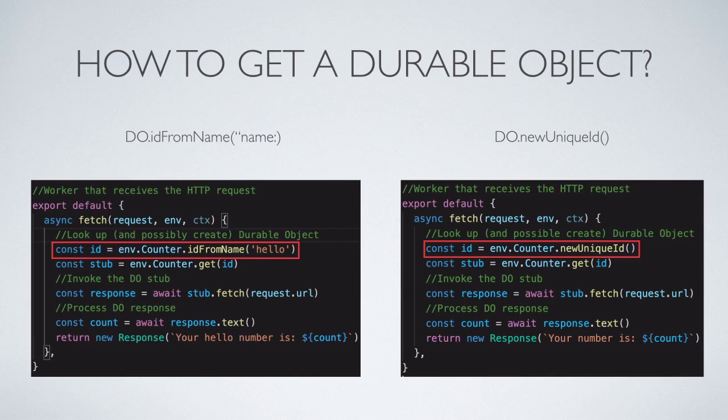Everything is the same except for these two methods. Also note that the only way to invoke a Durable Object is to go through a regular worker. So the code you see here is a worker that gets a counter Durable Object. It calls the fetch method on it and awaits a response.